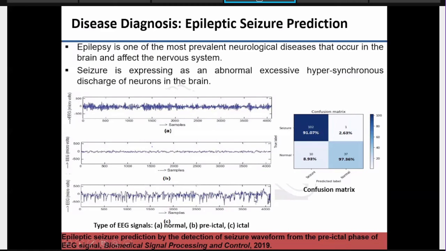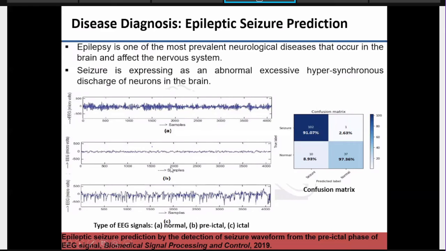There will be several negative waveforms, and just before these negative waveforms you will have the pre-ictal period. So the idea was, from the pre-ictal period waveforms, can we analyze and understand whether the patient is going to have an epileptic seizure or not?